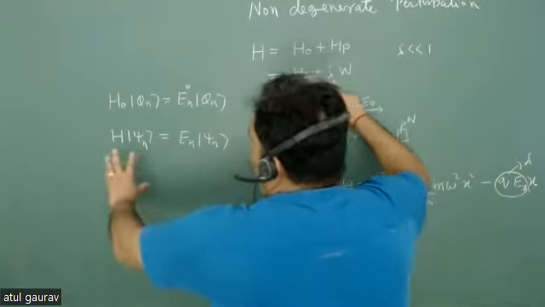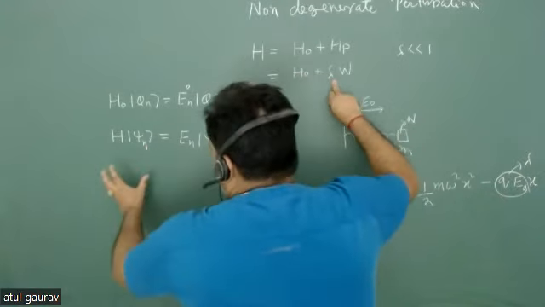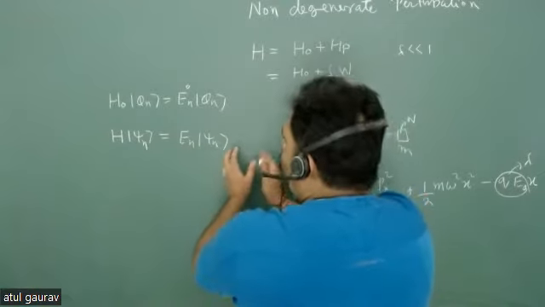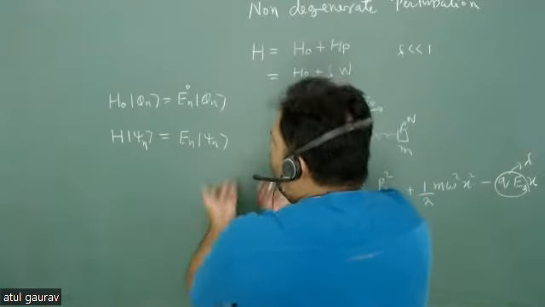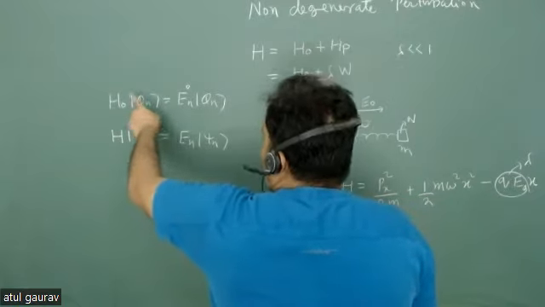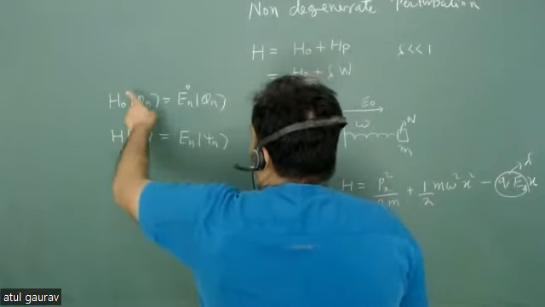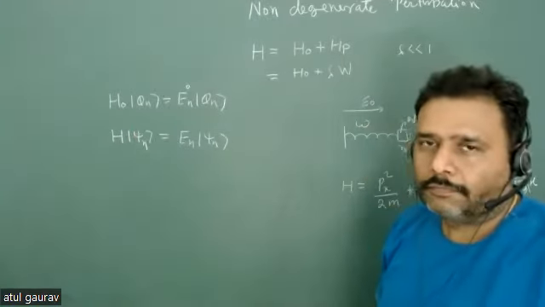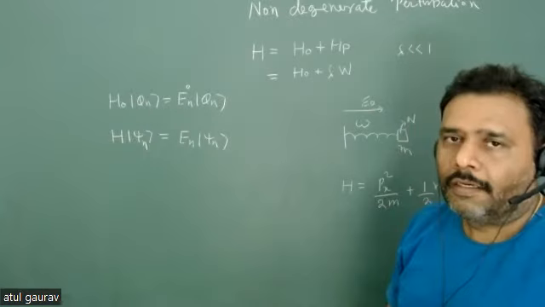Then all the terms related to the Taylor expansion can be explained with the eigenstates and eigenvalues of the unperturbed Hamiltonian, isn't it? Are you getting my point?